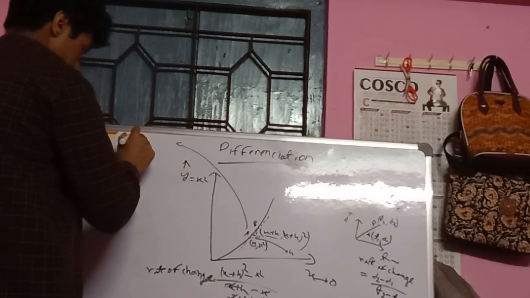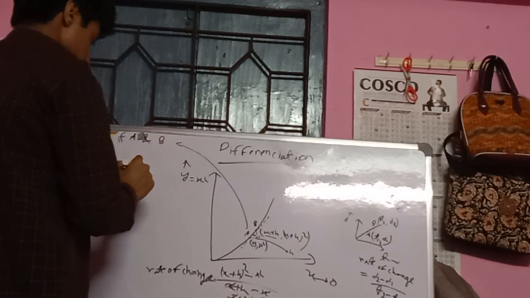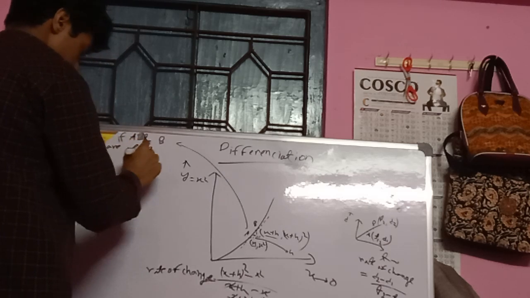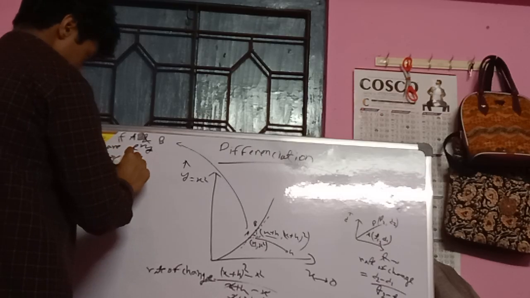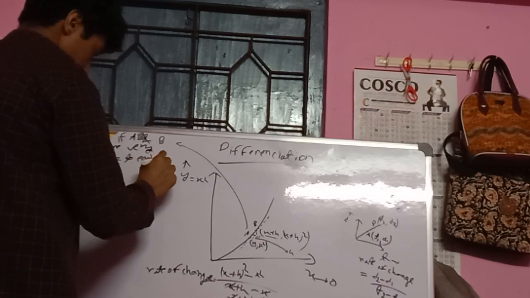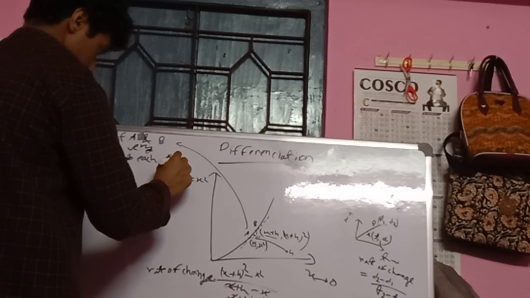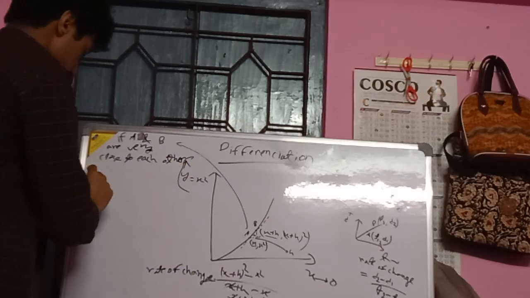If A and B are very close to each other, then how would this graph look?